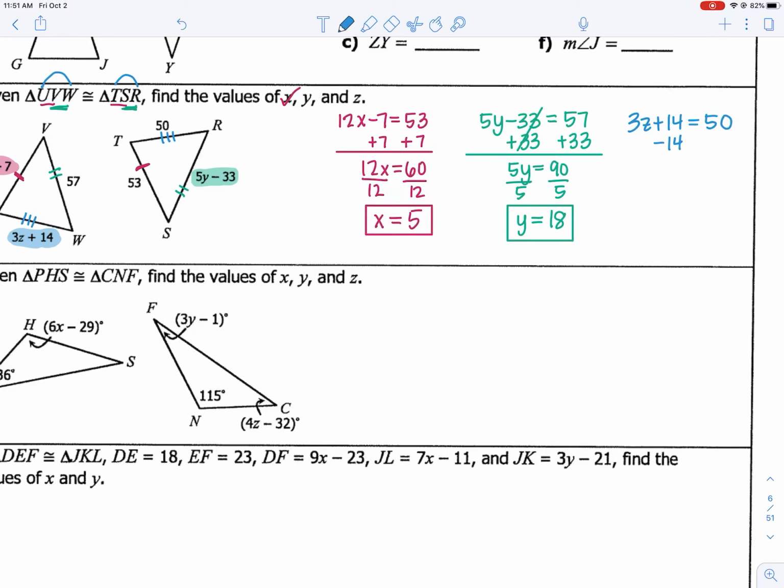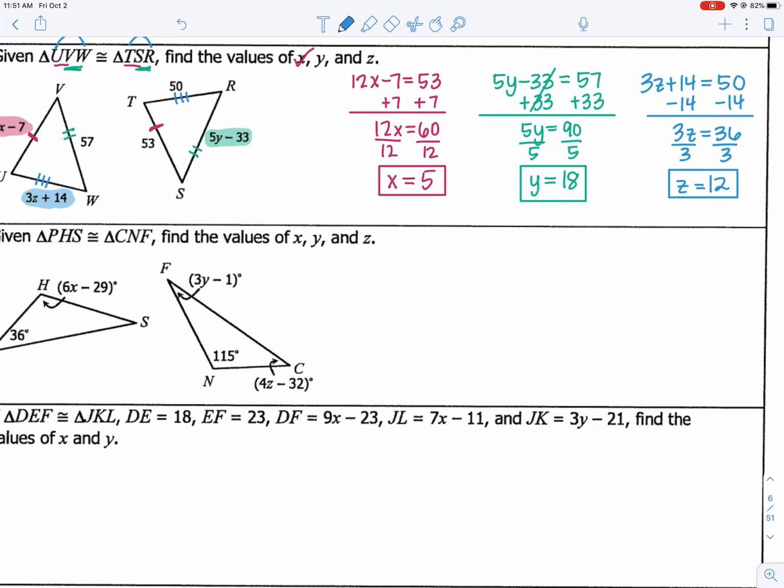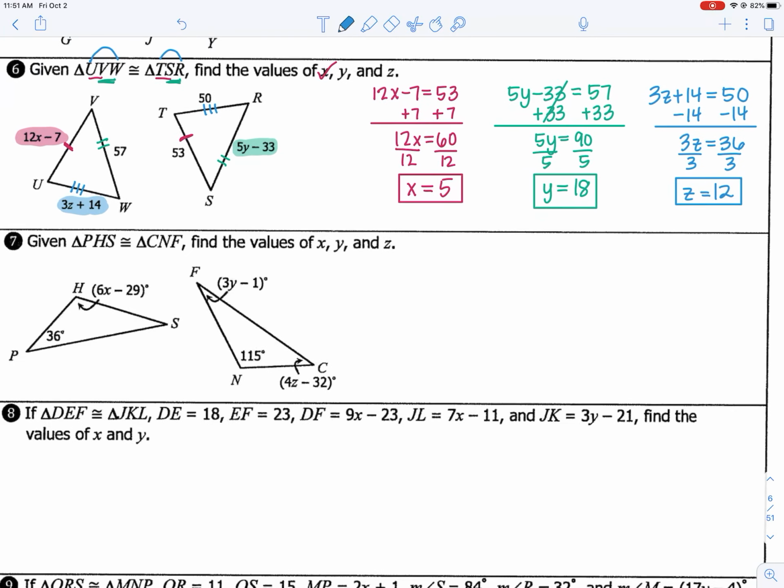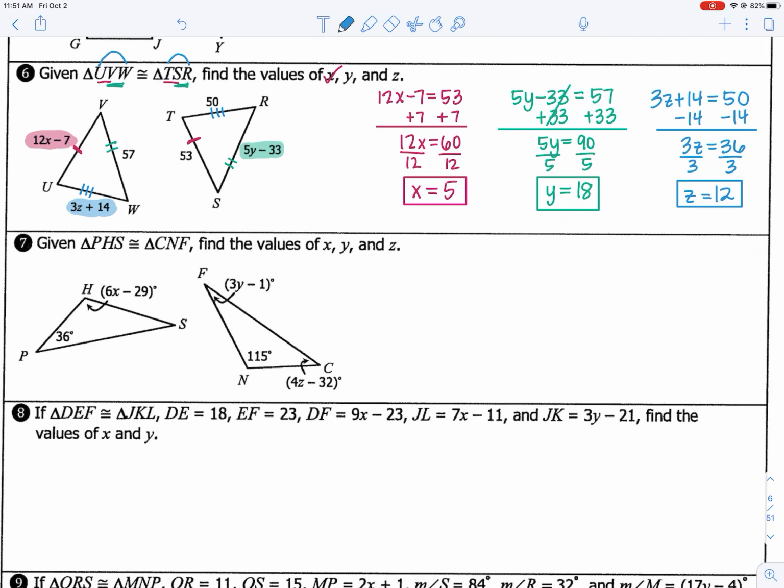Solve for z, so subtract 14 from both sides. You'll have 3z equals 36. Divide by 3, and you'll have z equals 12. So that is how you can solve for missing variables when given congruent triangles and expressions for their sides.